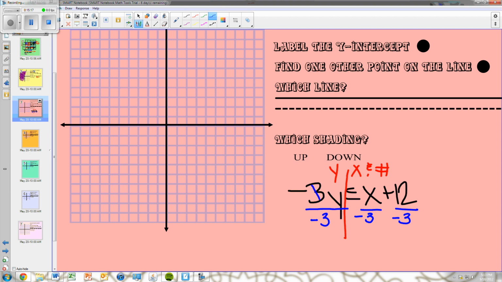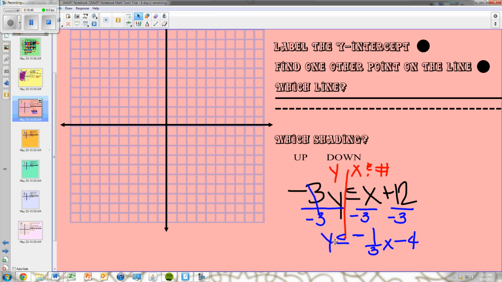So these end up canceling, and I am left with y is less than or equal to negative 1/3 x, because there was a 1 here in front of the x, an imaginary 1. And then I have a +12 divided by a -3, and that is a -4. So that was going to be my inequality.